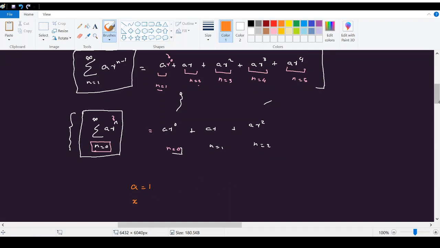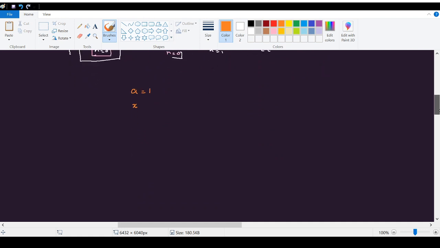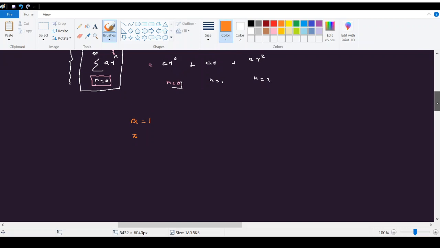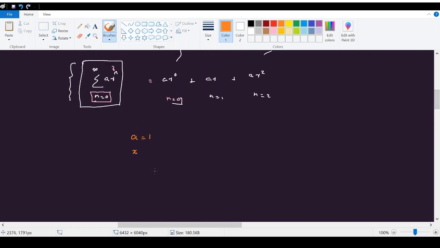So let's consider this case. Here a is equal to 1, so the first term is equal to 1, and I represent r as x. Then we have the series like this.